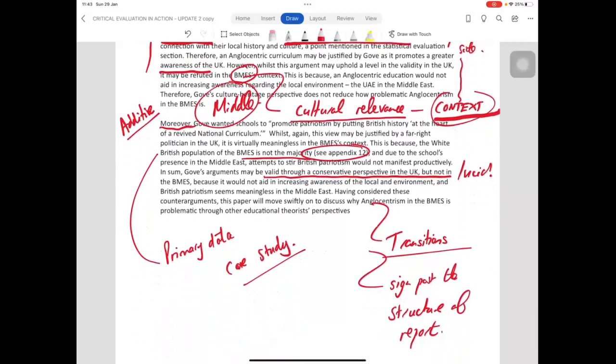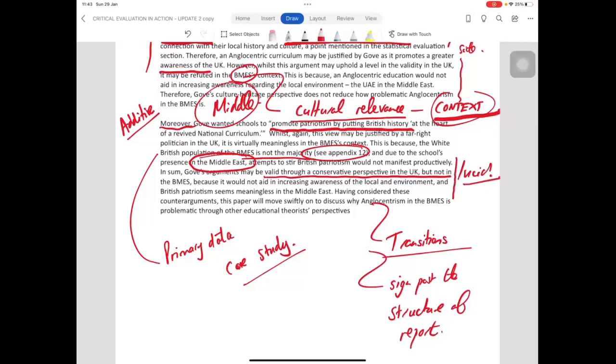She points out here, moreover, Gove wanted schools to promote patriotism by putting British history at the heart of the national curriculum. Once again, she points out that this idea of patriotism, this ideology of patriotism, may be valid in the UK. She doesn't say it is, but she says it may be.